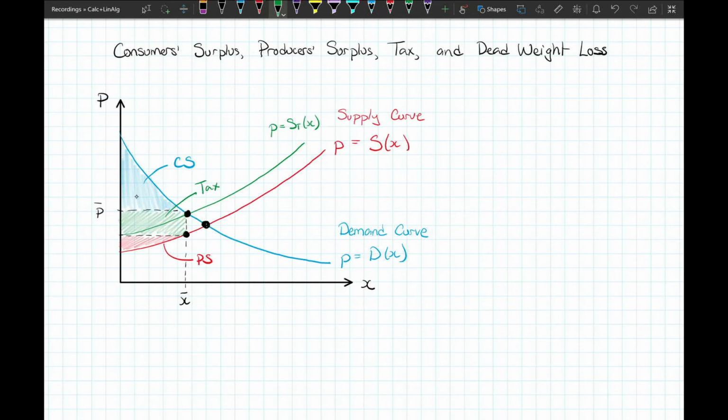But even those three regions added together is no longer quite as large as the combined region of the previous consumer's and producer's surplus. We have this little tiny triangle where it doesn't seem like any consumers are happy, it doesn't seem like any producers are happy, and none of that revenue is actually going to taxes anymore. This missing region is called deadweight loss.